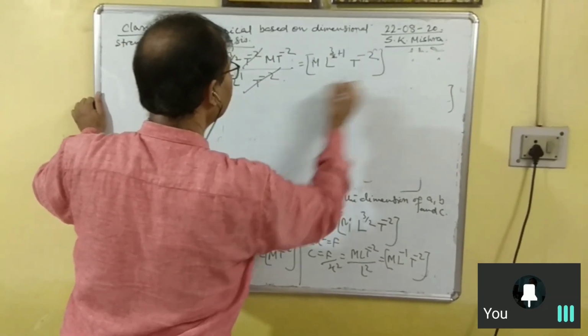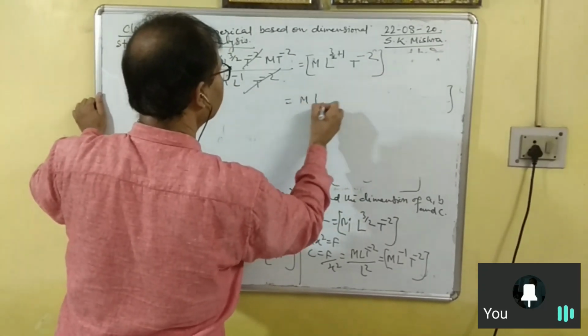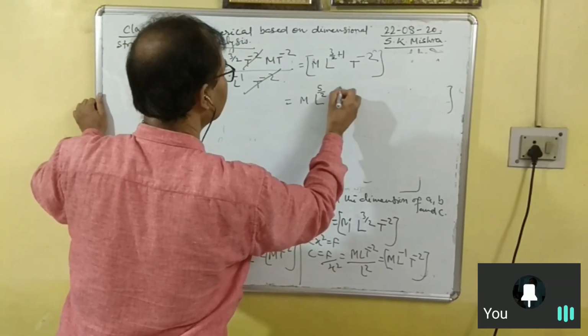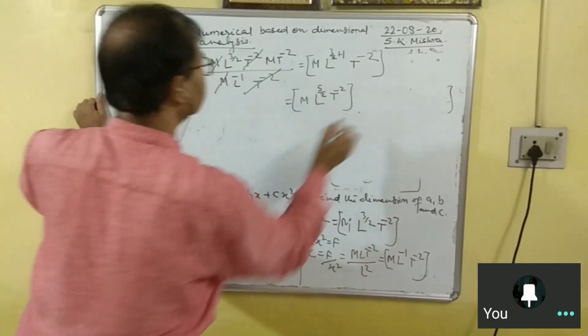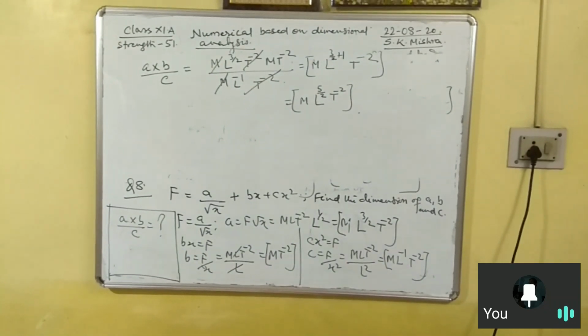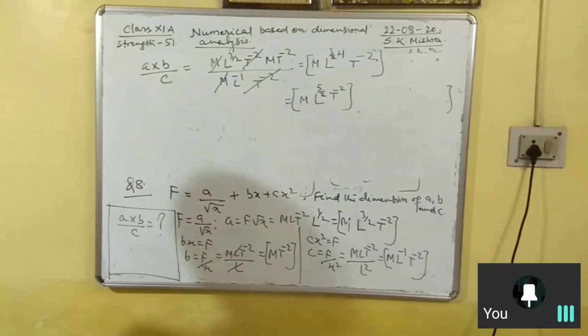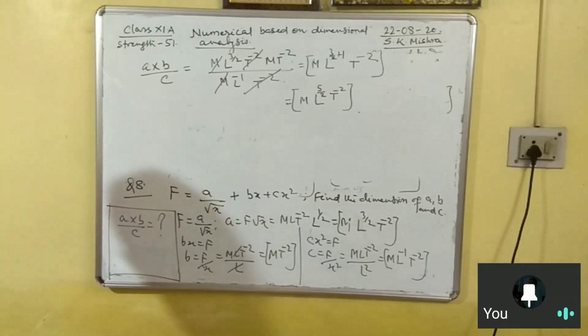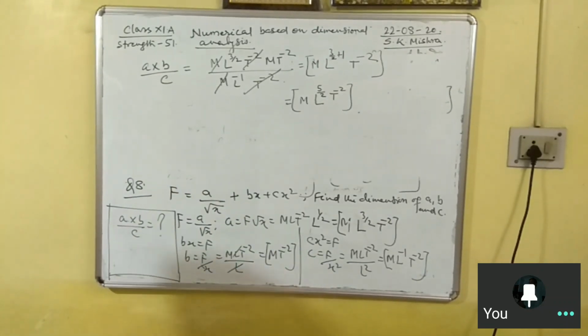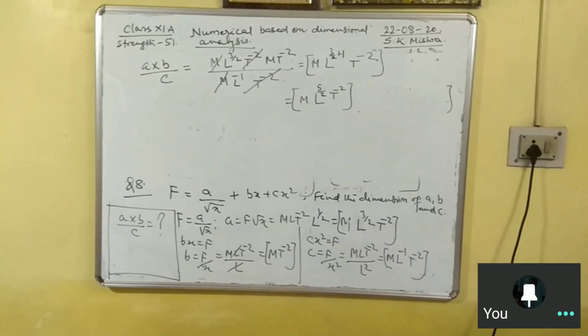So finally you are getting M L raised to 5 by 2 and then T raised to minus 2. Am I right? Okay? So should I rub it?